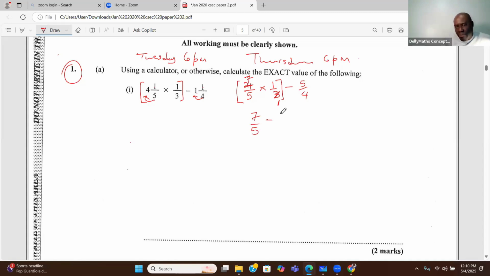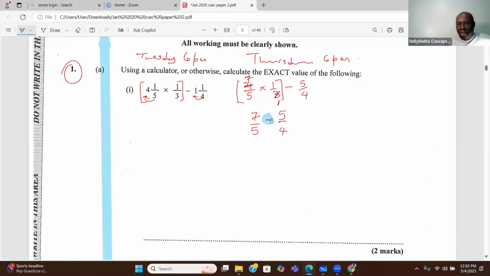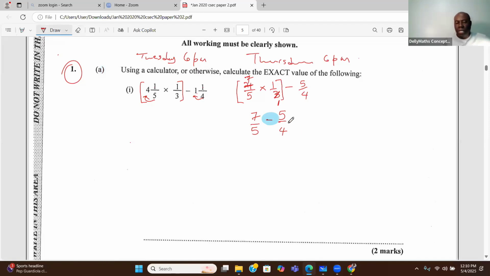Then you're going to subtract 5/4. Now, because you're subtracting, definitely you need LCM because your denominators are different. And this is when the LCM comes in, but you have to remember, what is the LCM for 5 and 4? It's 20. So 5 into the 20, that's going to give you 4 times.